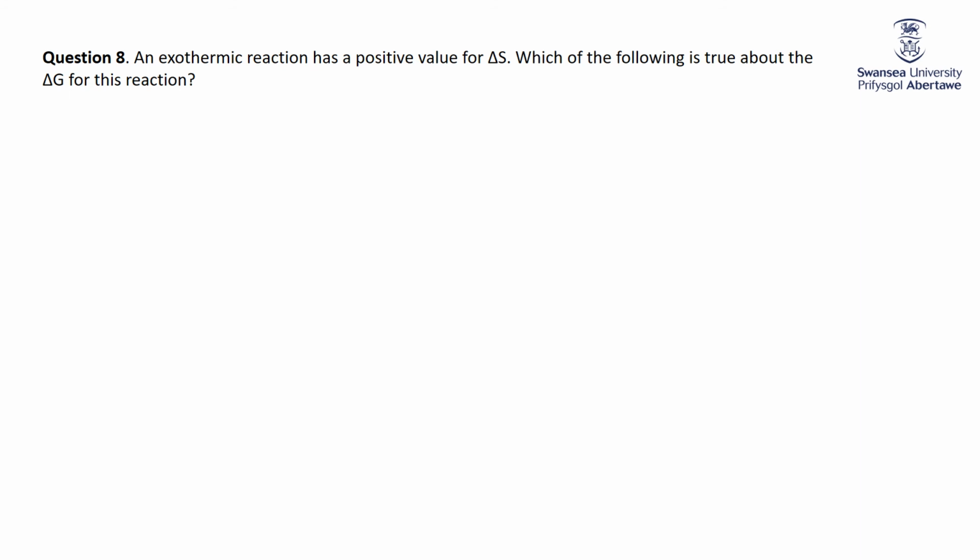Now we've got several questions on the same general theme associated with delta G equals delta H minus T delta S. So an exothermic reaction has a positive value for delta S, which of the following is true about delta G? Well, if exothermic, that means that delta H is less than 0, which is nice. Positive value for delta S, so delta S greater than 0, again, nice.